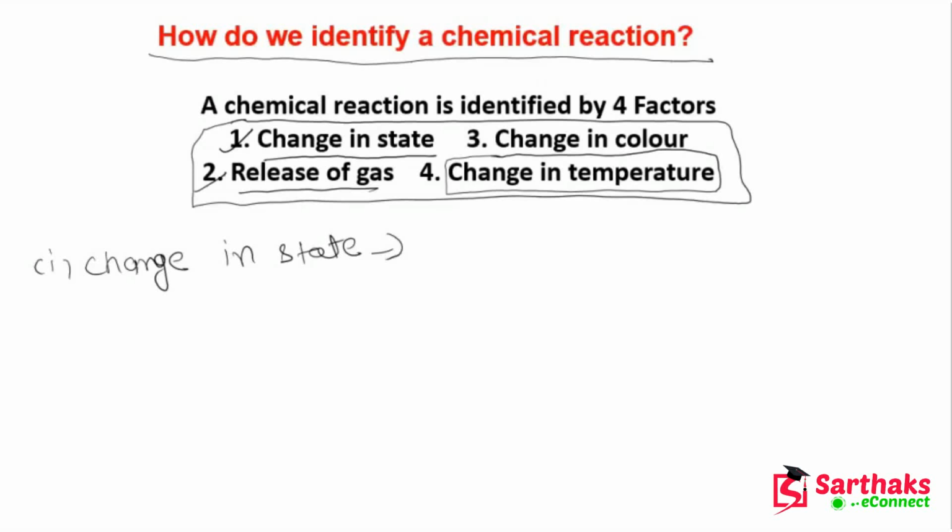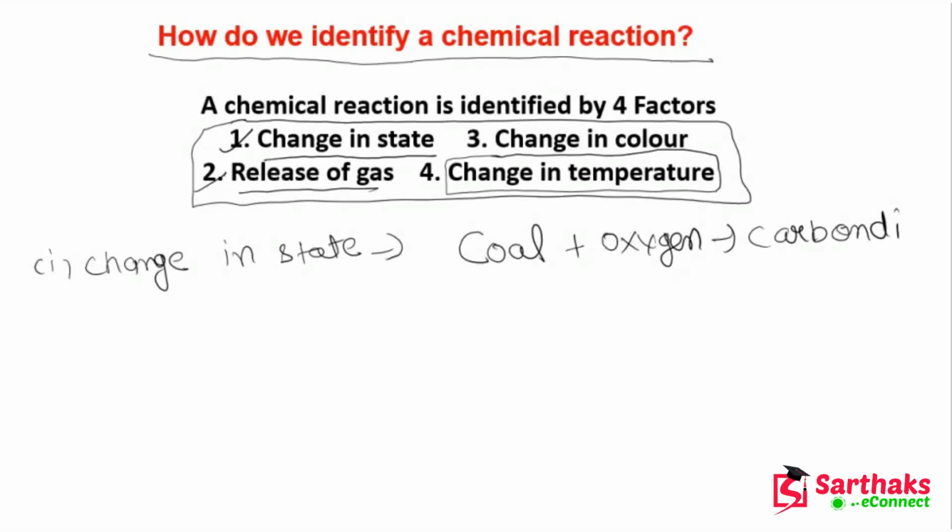And we can also understand this by another example. Let's suppose this is coal. This is basically coal, and when this coal reacts with oxygen, then this will give us carbon dioxide.